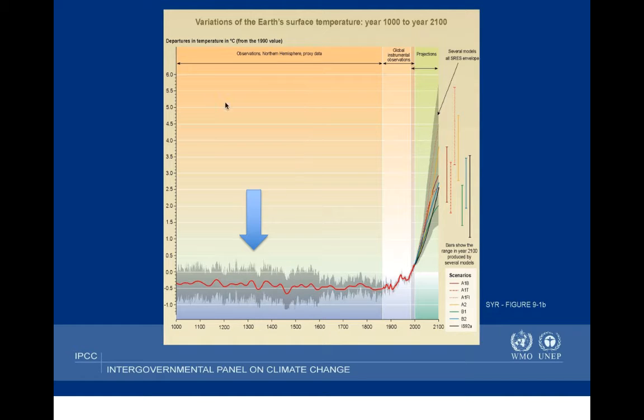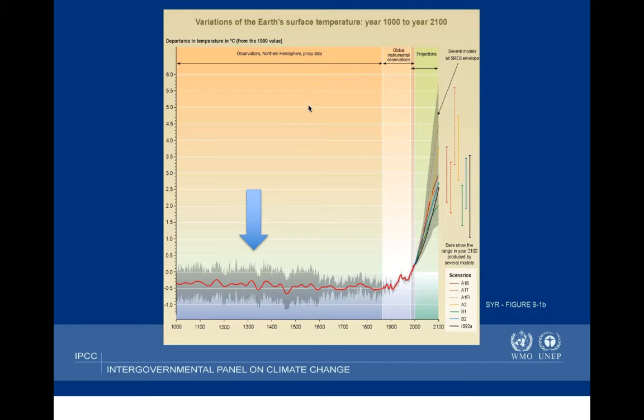So in this first part of the graph, we have observations that are from proxy data, and they're of only the northern hemisphere. This is where we have information from the explorations that are associated with Europeans, from the Chinese civilizations. We have collected information that are proxies of what the temperature of the Earth is like.